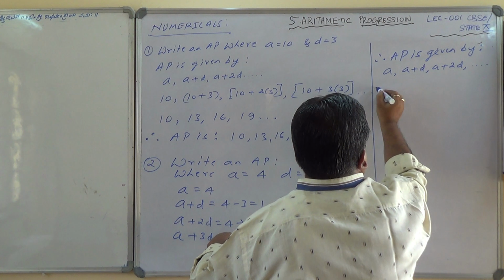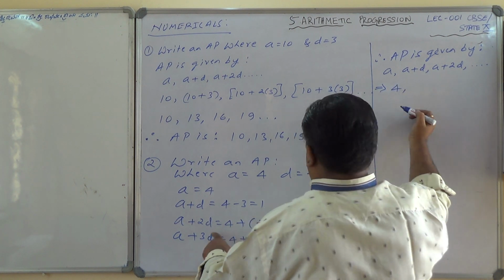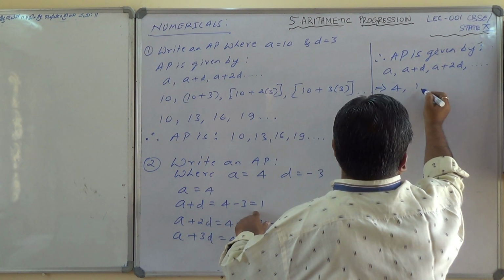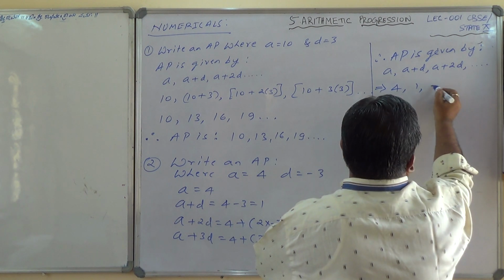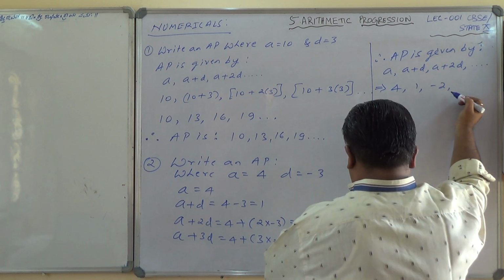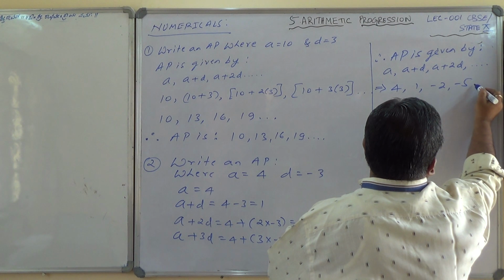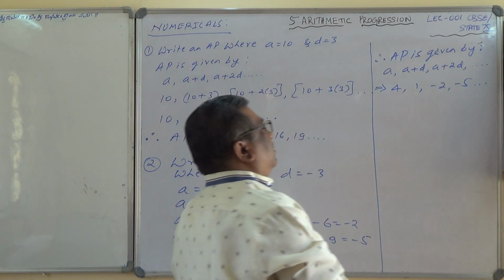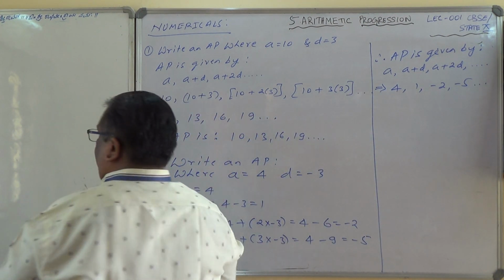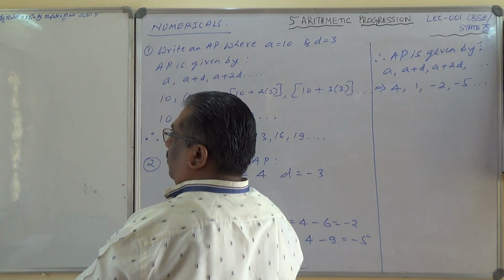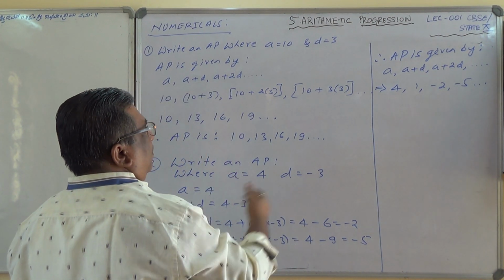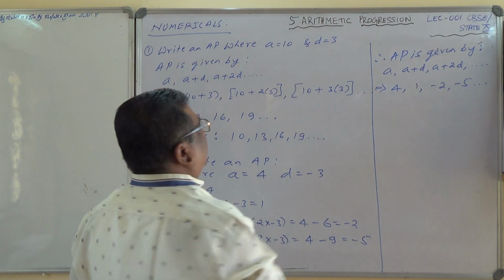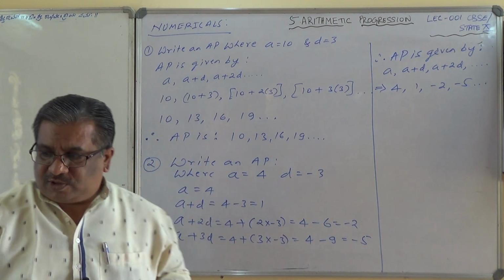Implies, I'll write, it is better, implies 4, 1, minus 2, minus 5 dot dot dot. Check whether it is correct. 4, 1, minus 2, minus 5 dot dot dot. It will continue. So note it down. I'll go to the next question now.